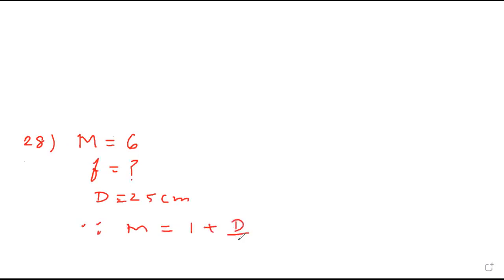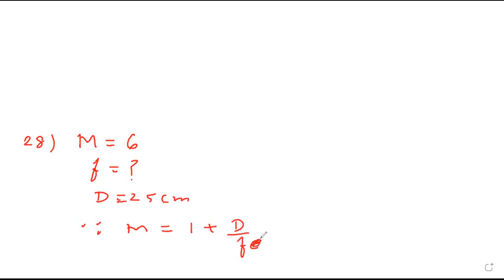The magnifying power of a simple microscope is 6. Find the focal length of its lens, if the least distance of distinct vision is 25 centimeter. Now since image is at LDDV, what is the magnifying power formula? 1 plus D by focal length.